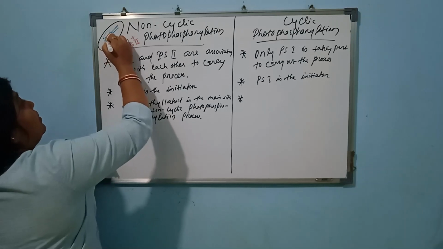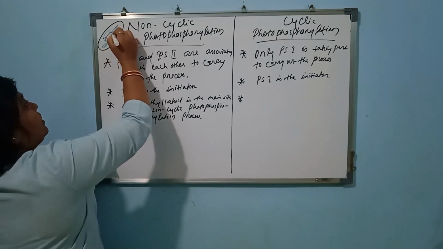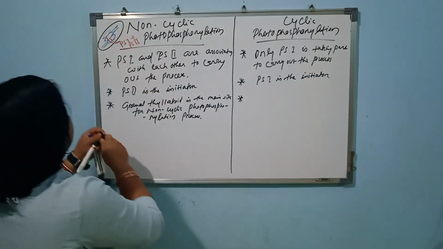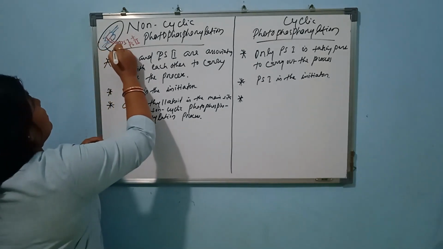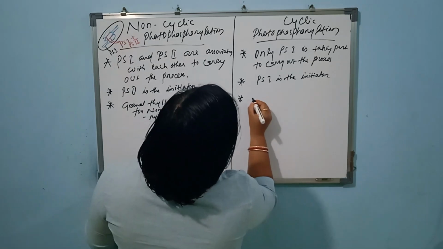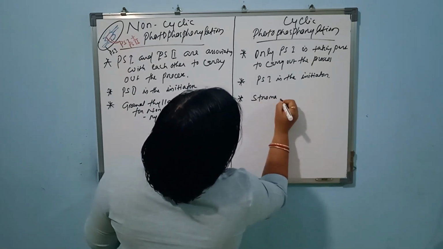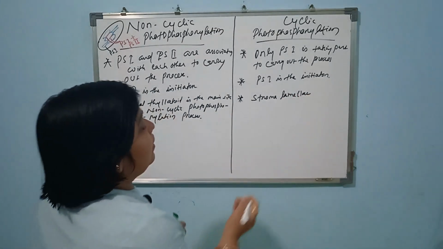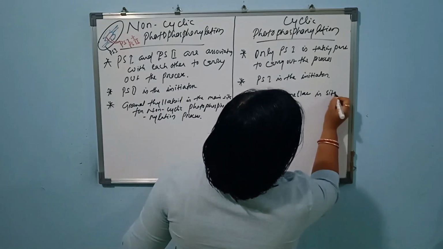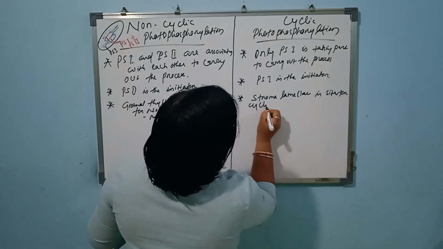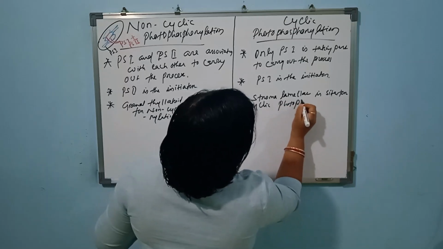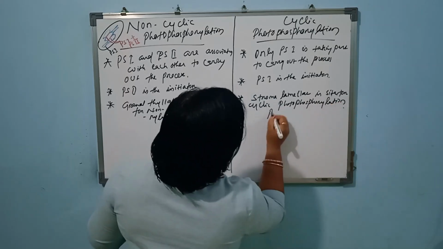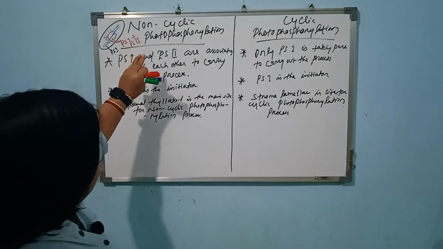So here the cyclic photophosphorylation process will occur in the stroma lamella, or you can say the stroma lamella is the site for cyclic photophosphorylation process.